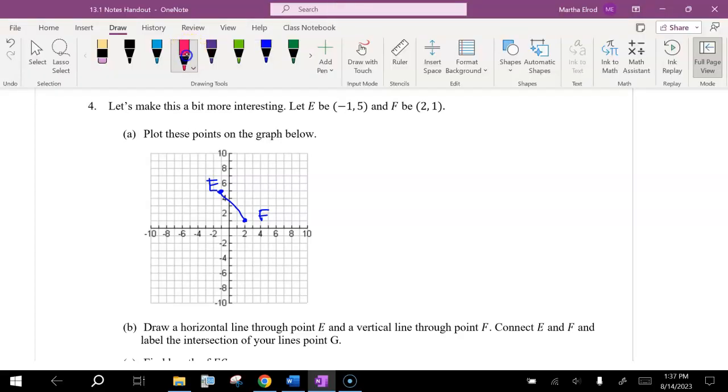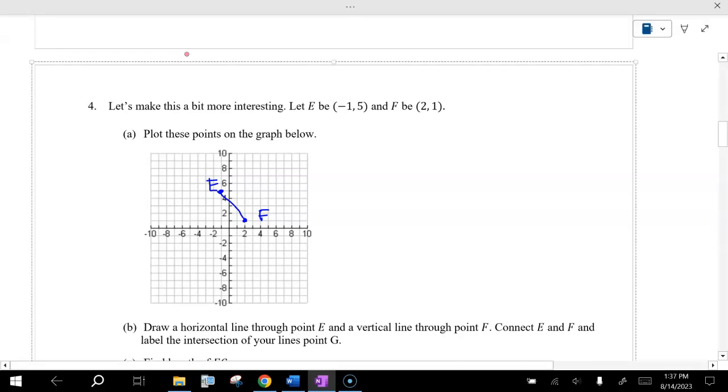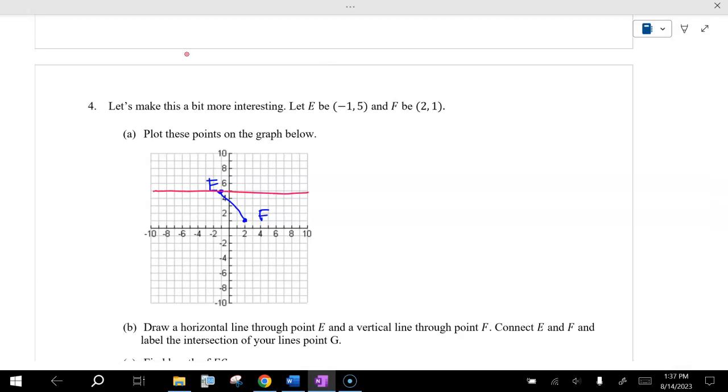First it says draw a horizontal line through point E. So I'm going to draw a horizontal line that goes through point E. And then they want us to draw a vertical line that goes through point F. So there I've got a vertical line. I didn't do such a good job drawing that, but a vertical line that goes through point F.